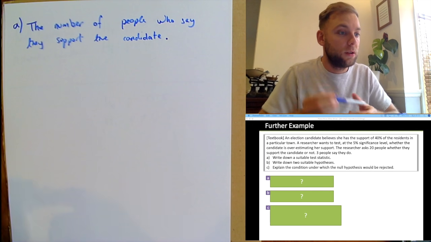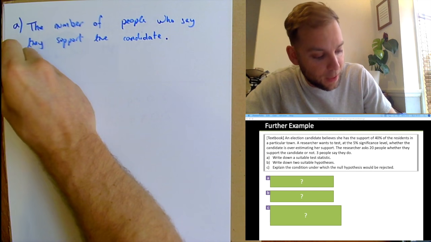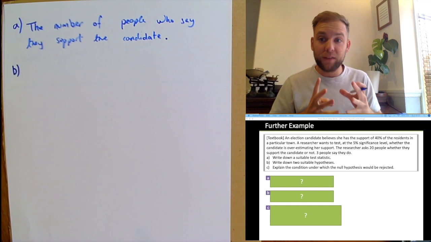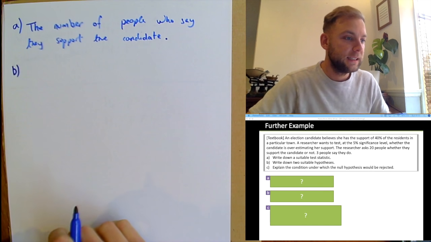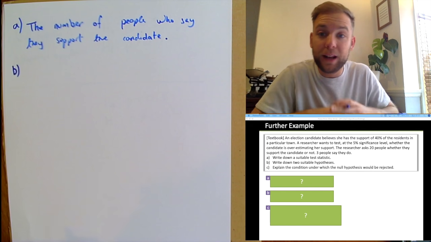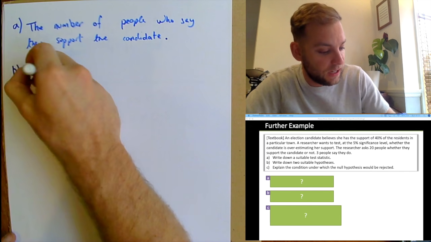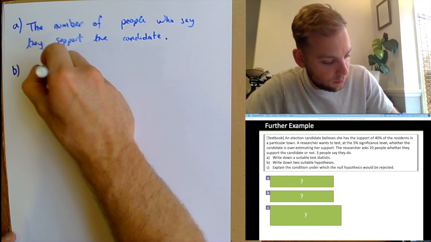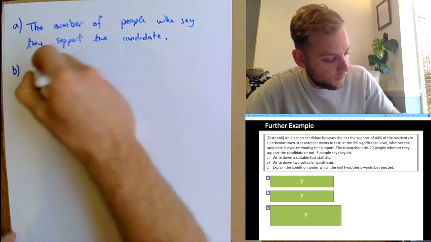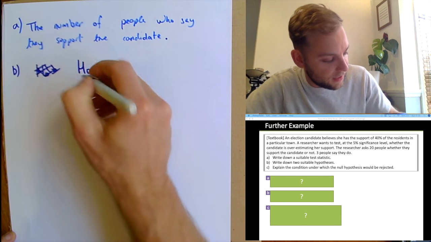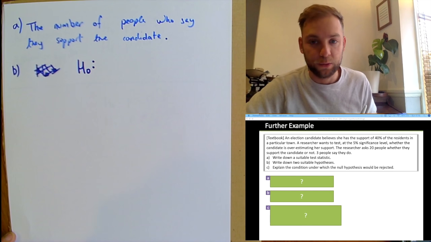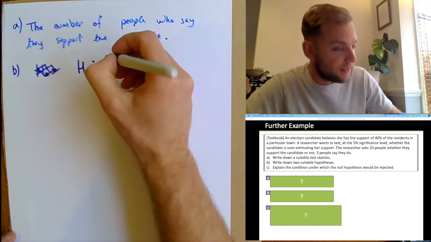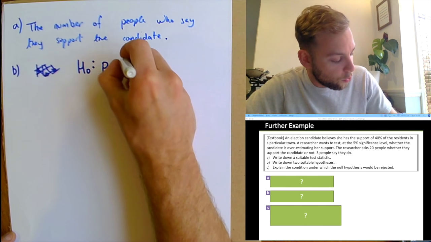write down 2 suitable hypotheses. So with this part here, what we're saying is, the population parameter in this case, H0, my null hypothesis, is that my probability is equal to 0.4.